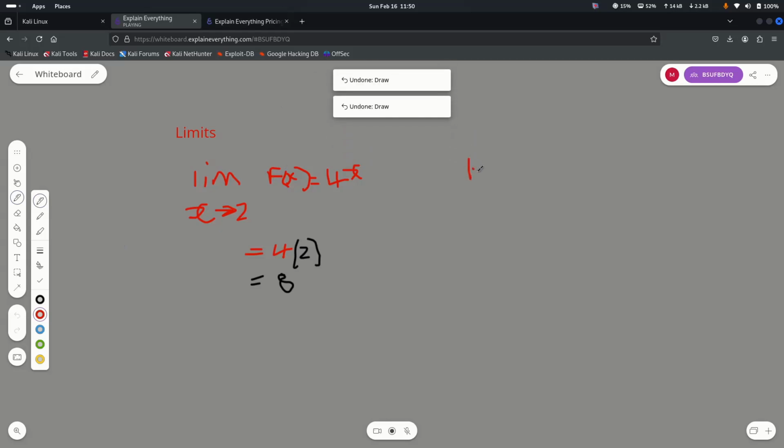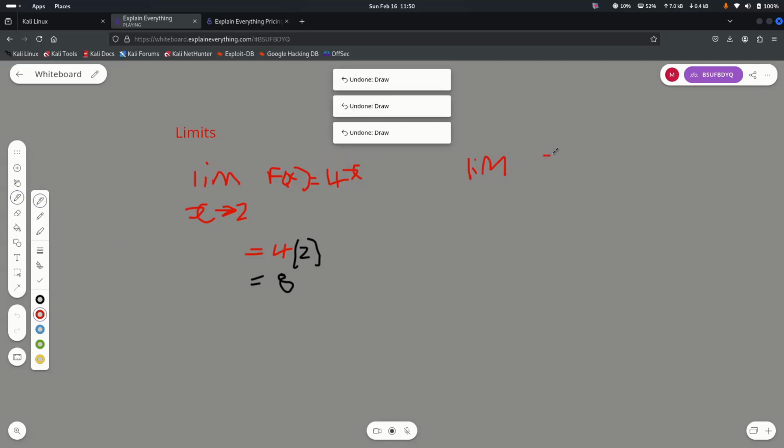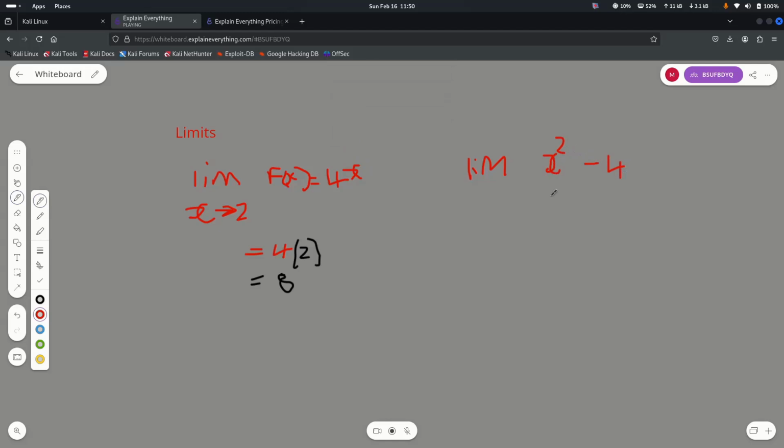Now let us say we have a limit of x to the power 2 minus 4, all of these being divided by x minus 2, and our x is approaching 2, right?